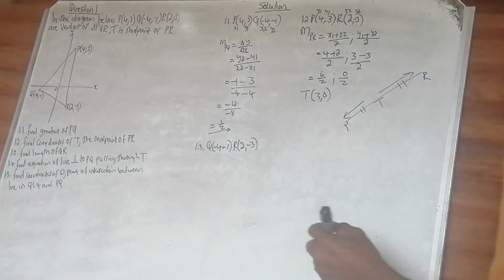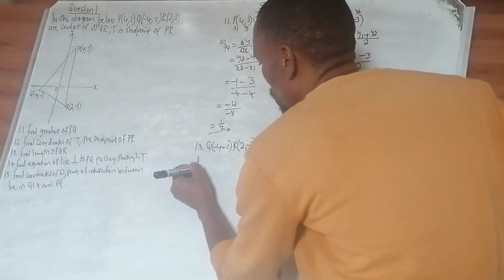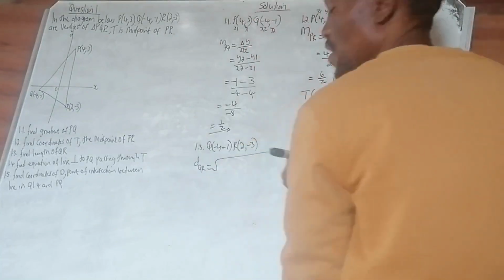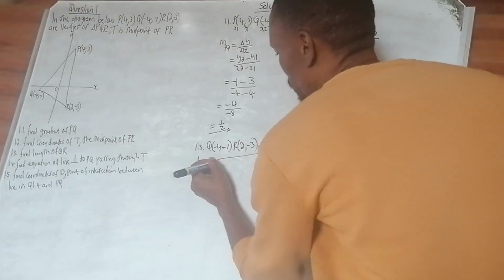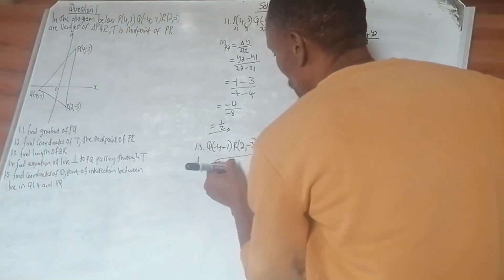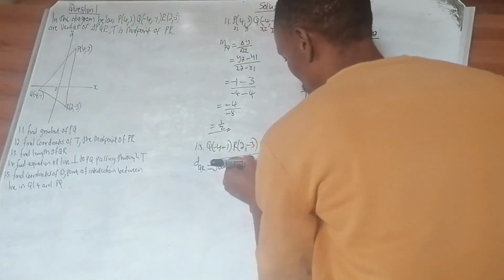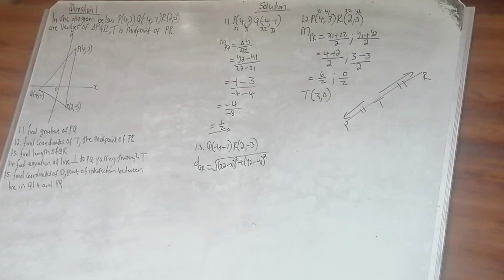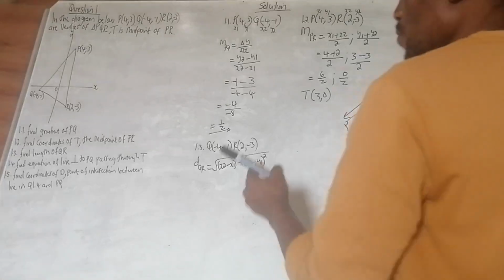The distance between Q and R is given by the formula, which is the square root of x2 minus x1 squared plus y2 minus y1 squared. This is the formula for calculating the distance between 2 points. This is the formula. Right.